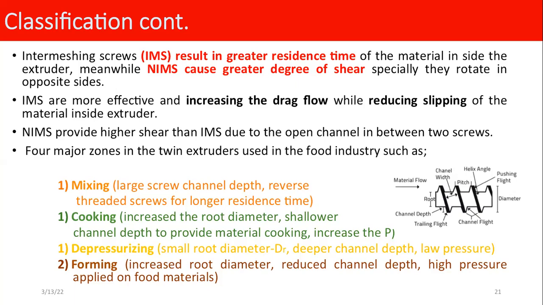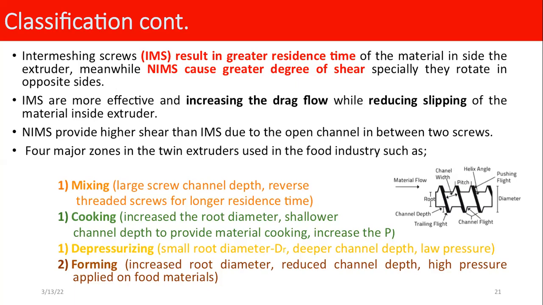Right? And non-intermeshing screws provide higher shear than intermeshing extruders due to the open channel between the two screws. That open area between the screws is why the shear is higher.